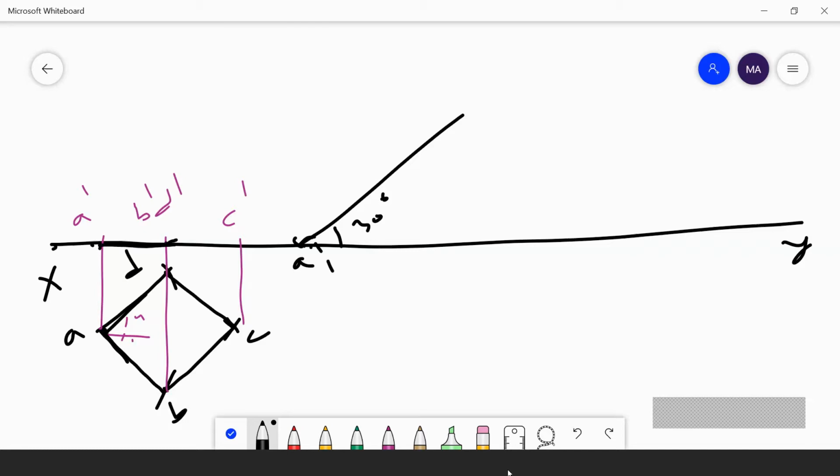I am measuring the distance using the compass and cutting an arc here. Similarly, I am measuring this distance using the compass, and from here I will get B1 dash, D1 dash. From here I will cut an arc, and I will get C1 dash. Understand?